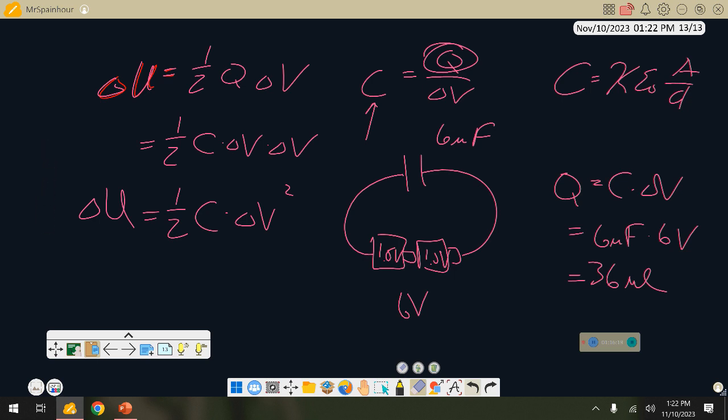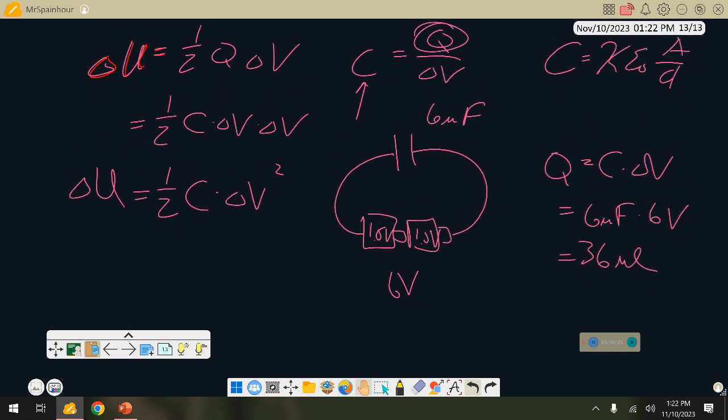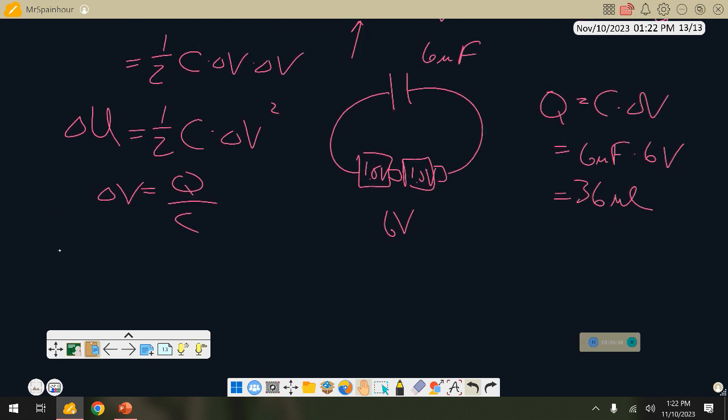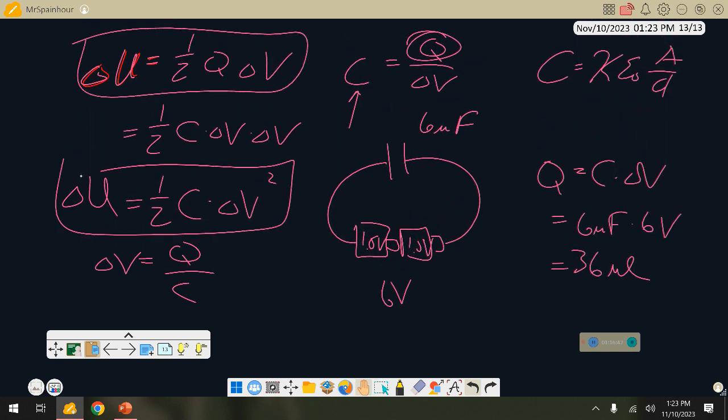There's another one, though, to look at here. There's one more equation that I'm fine with you using, and that's this. What if I solve for delta V here? If I take this equation, which was originally this equation, I should get delta V is equal to Q over C, yes? Hold on, I'm going to highlight all of the equations that you're going to want.